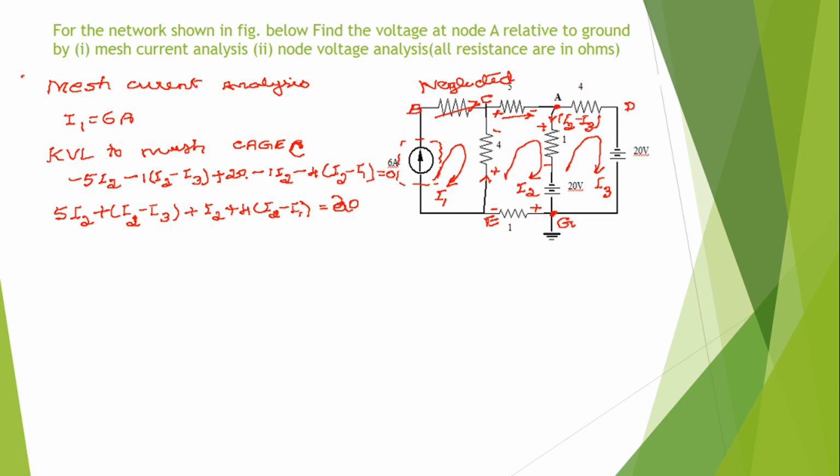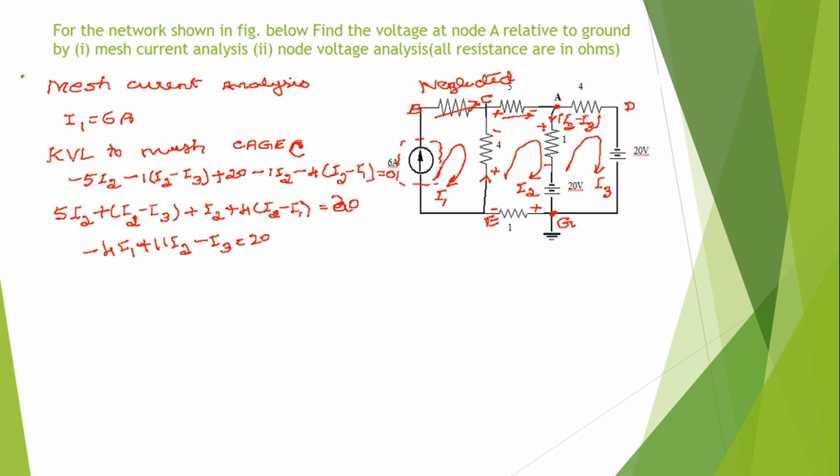This is the source potential. So if I collect the different coefficients, minus 4I1, and for I2: 4I2, 5I2, 6I2, so plus 11I2 minus I3 equal to 20.